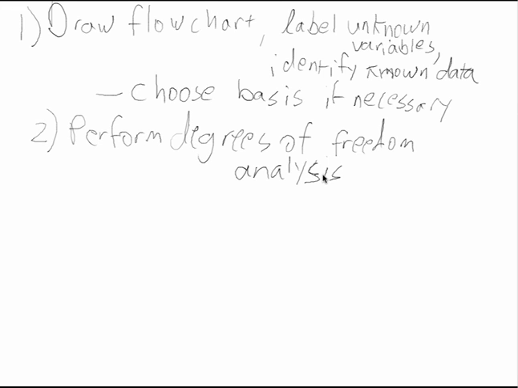We do it because the degrees of freedom analysis helps us identify what we can solve for and where we can solve it in the problems. Especially if we have lots of units going on, we may have many different variables, and that leads to many different material balance equations. The degrees of freedom analysis will help us identify where we can start on a problem, where we're going to draw our imaginary boundaries, and what we're going to choose in order for our material balance equations to solve for our unknown variables. So do that.